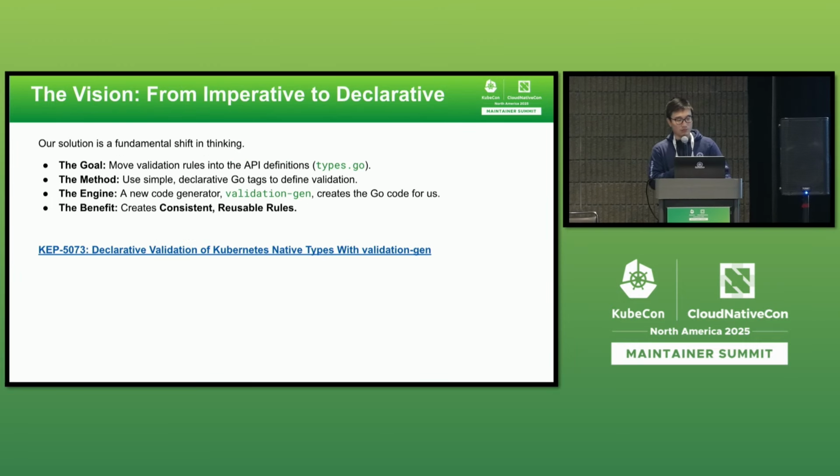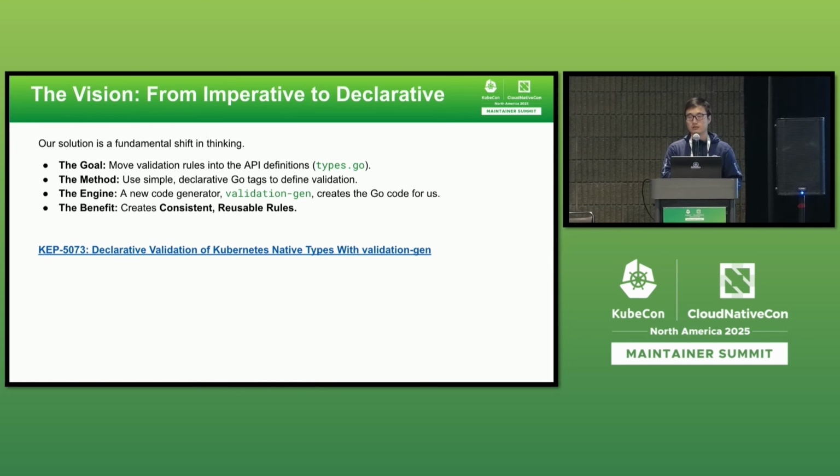So we have a vision to solve this problem. The vision is to go from imperative to declarative, like the API principle. Our solution is a fundamental shift in thinking. We want to move the validation logic into the API itself, attached to the fields, so that users know what they are going to encounter when they send a request to the API server.